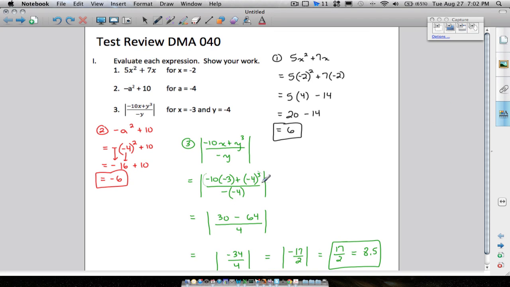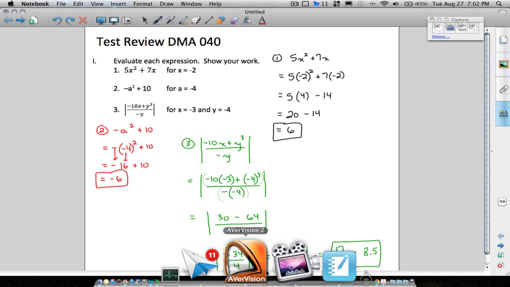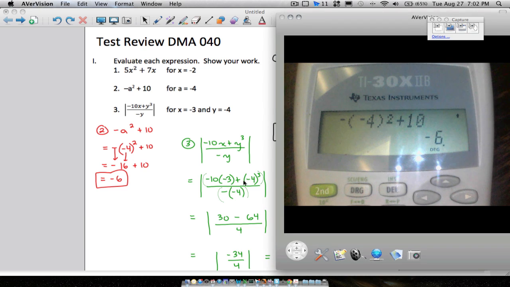here and here to close in the entire numerator and the entire denominator, and then we'll divide between those two. And that may be a little confusing. Maybe some of you would prefer to just type in the top stuff and then type in the bottom stuff, which is just fine. But I'll do it all in one stroke, just everything at one time. So we got parentheses, negative 10, then we have another set of parentheses with a negative 3.